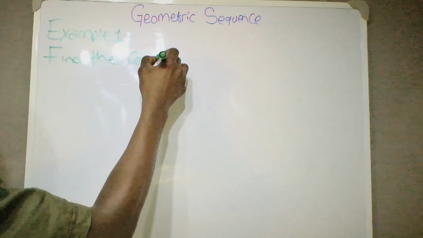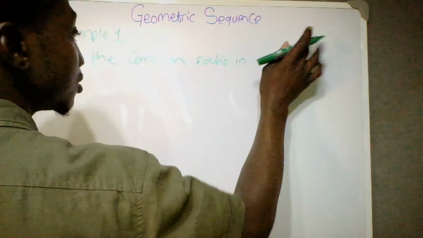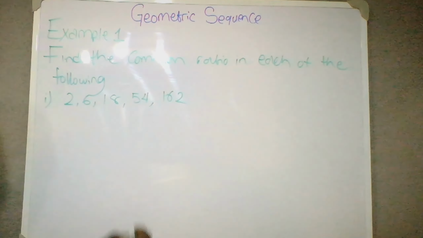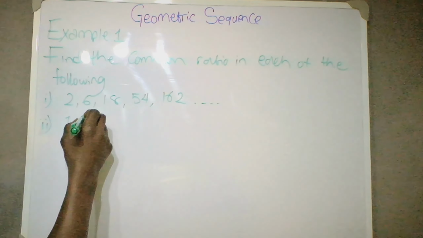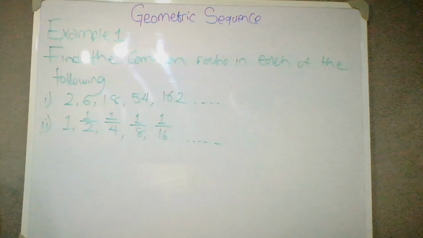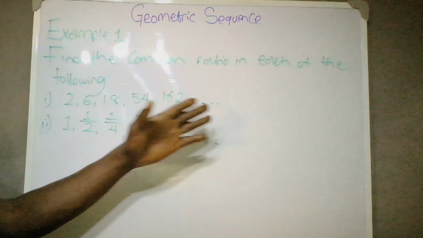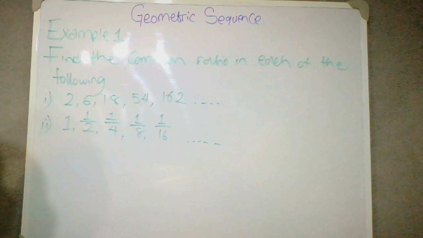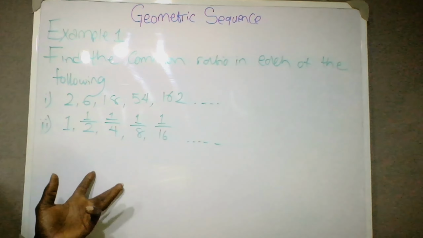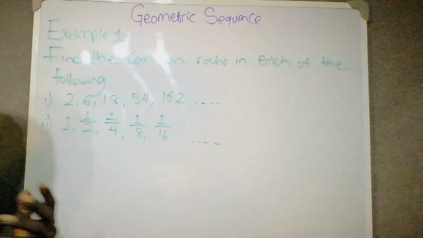Find the common ratio in each of the following. We have 2, 6, 18, 54, 162. We have 1, 1/2, 1/4, 1/8, 1/16. Those are the questions, and the instruction is to find the common ratio in each of the following. So how do we get our common ratio?